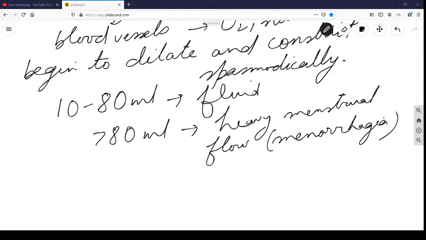You would be thinking that the menstrual discharge only contains blood. No, it does not only contain blood but also other uterine fluids, like the debris from the sloughing endometrium, the cervical mucus, and vaginal secretions.